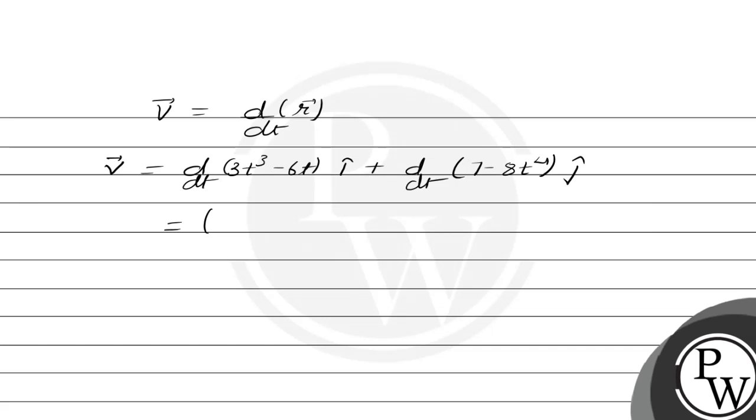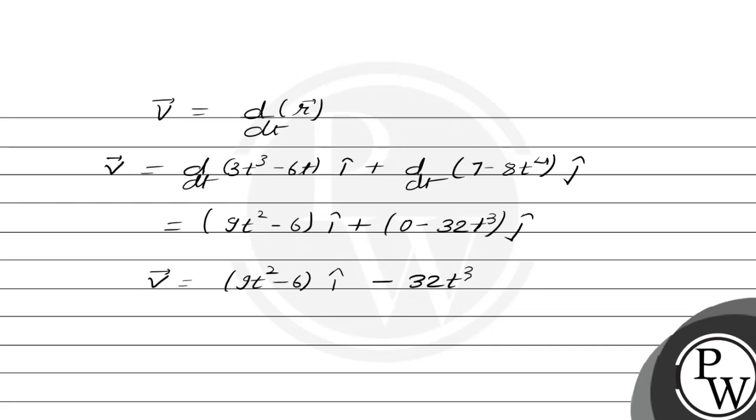Upon differentiating, the i cap terms will be 9t² minus 6 i cap plus differentiation of this constant 7 will be 0, 0 minus 32 into t raised to the power 3 j cap. Finally, we arrive at velocity vector function 9t² minus 6 i cap minus 32t³ j cap.